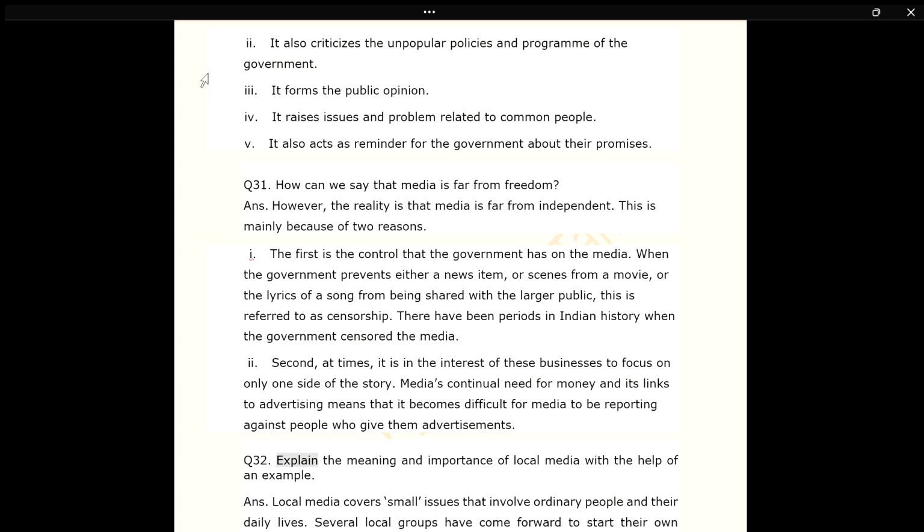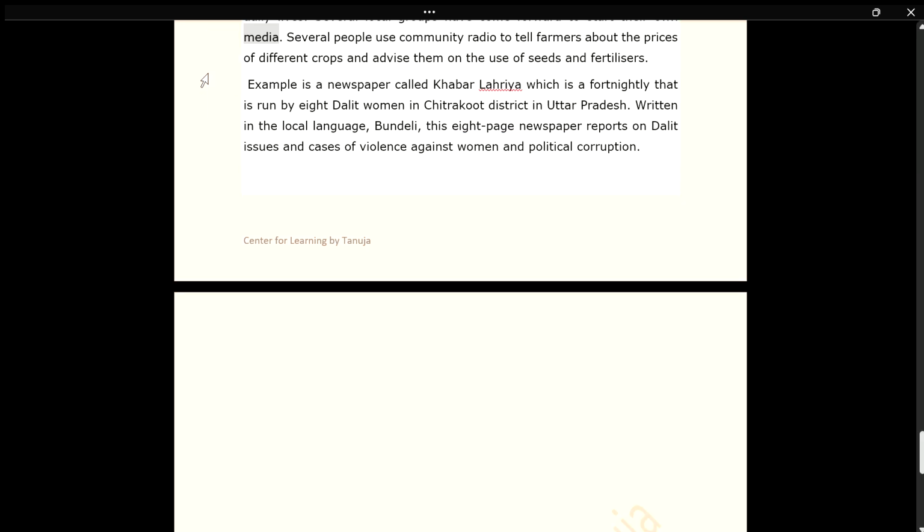Q32. Explain the meaning and importance of local media with the help of an example. Ans. Local media covers small issues that involve ordinary people and their daily lives. Several local groups have come forward to start their own media. Several people use community radio to tell farmers about the prices of different crops and advise them on the use of seeds and fertilizers.